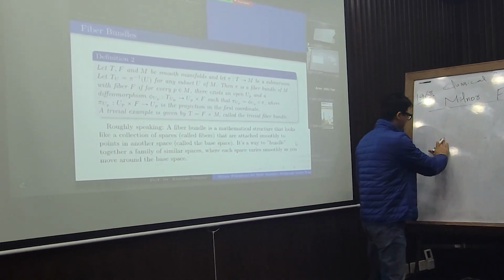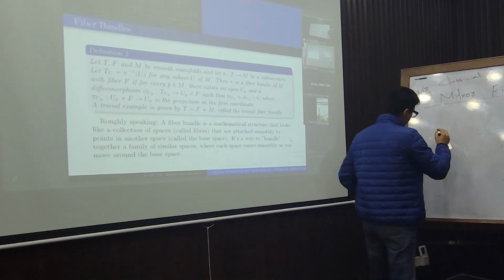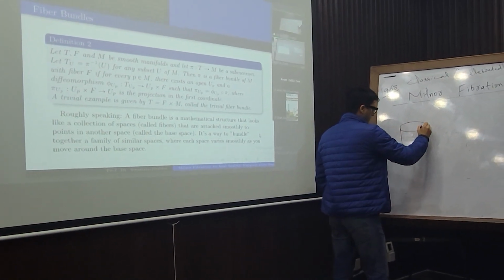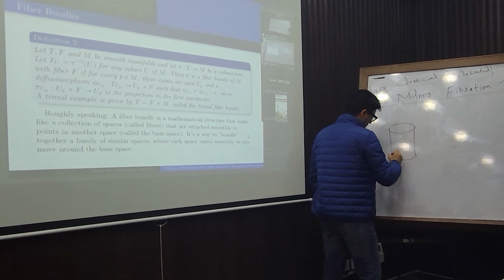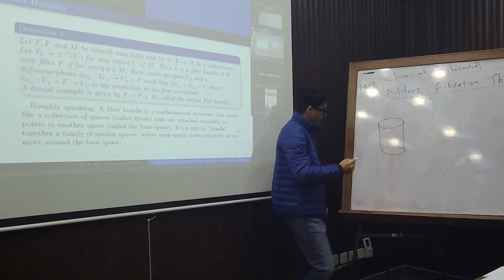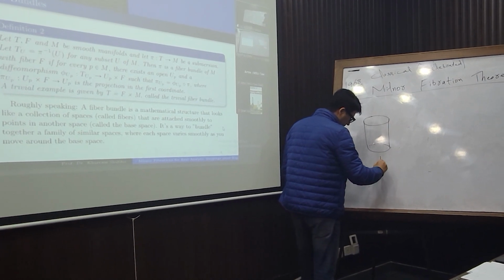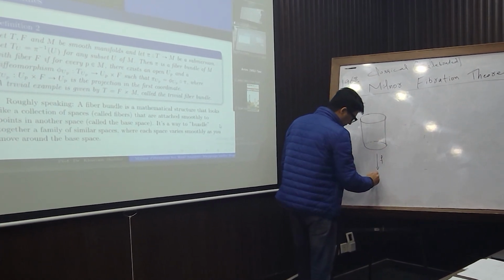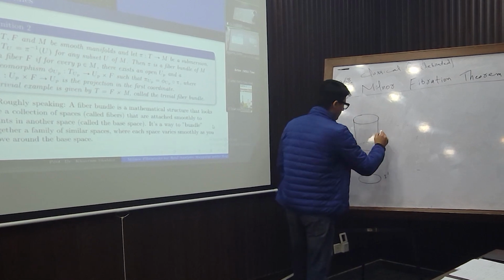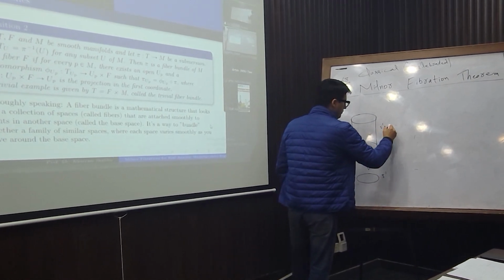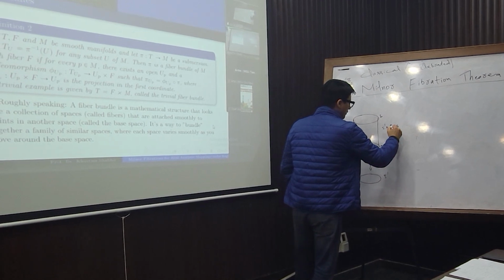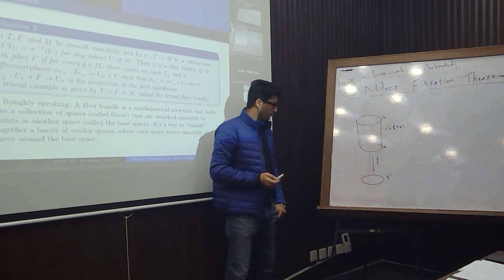So fiber bundle, for instance, if I have a space, this is very well known to all of us, this is a cylinder, yes. So if I project this cylinder under some map over S1, so this is S1 multiplied by some interval, open or closed, whatever.